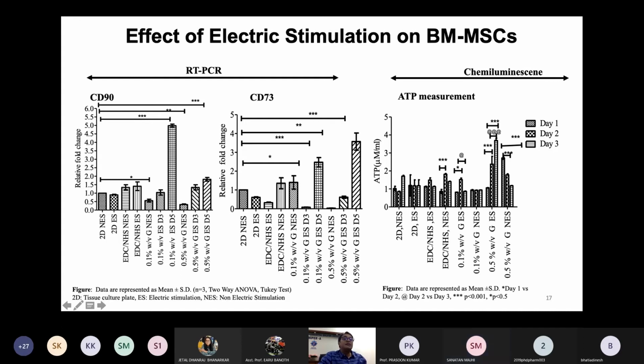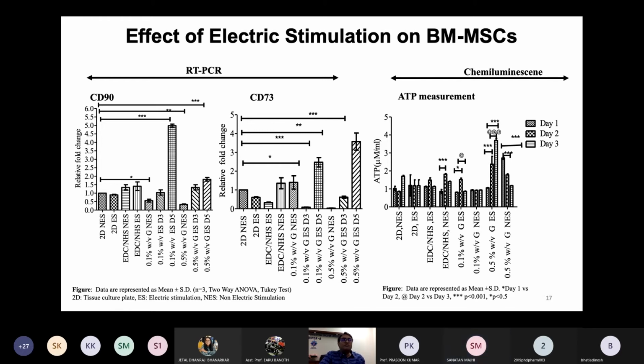We also checked the expression of CD90 and CD70, two markers for stemness, which further confirms the stemness of these materials. The stemness is slightly enhanced when we give the electric stimulus, and at day 5 we found some significant differences. So the stimulus is not killing the stem cells.